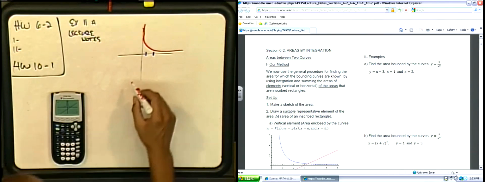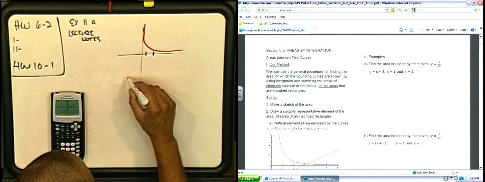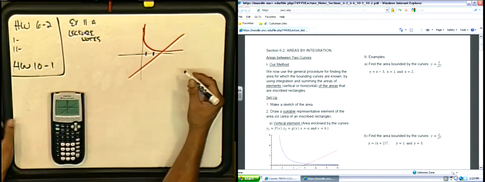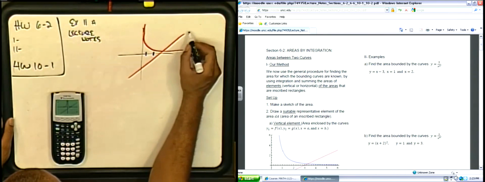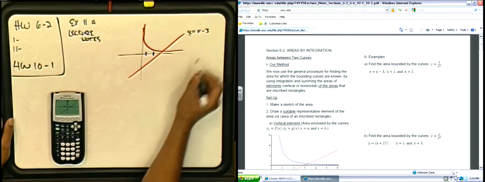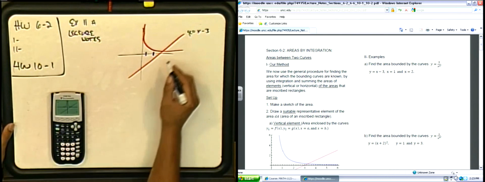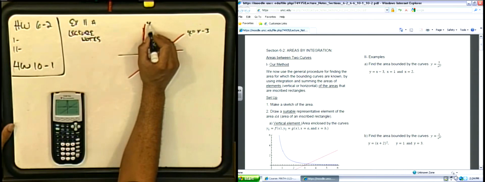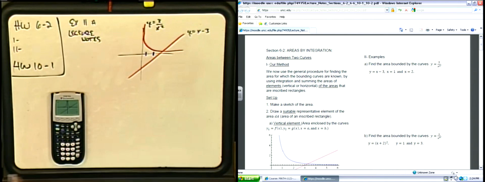There's 1 and there's 2. This is y equals x minus 3. And this one is y equals 3 over x squared.